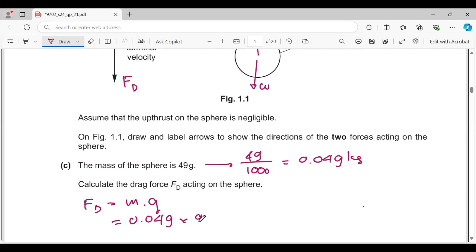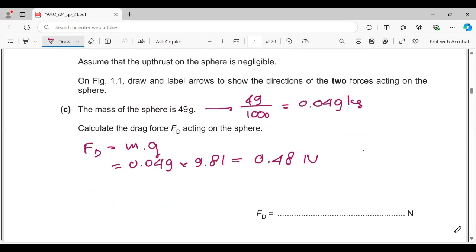Multiply by 9.81, the gravitational field strength, and the result is 0.48 Newton.